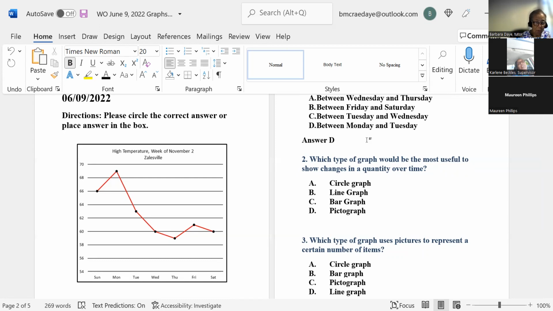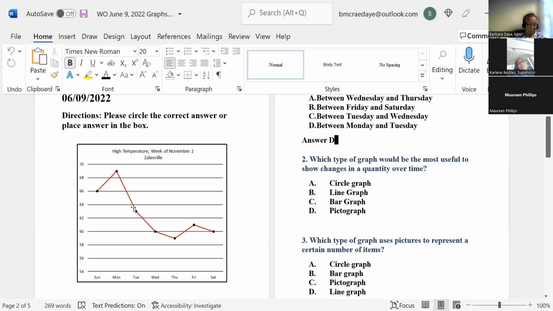The answer is D. I was hoping Mercedes would come on because she answered that one, but she picked a different pair of consecutive days. So you can see this line is longer than any other decrease.